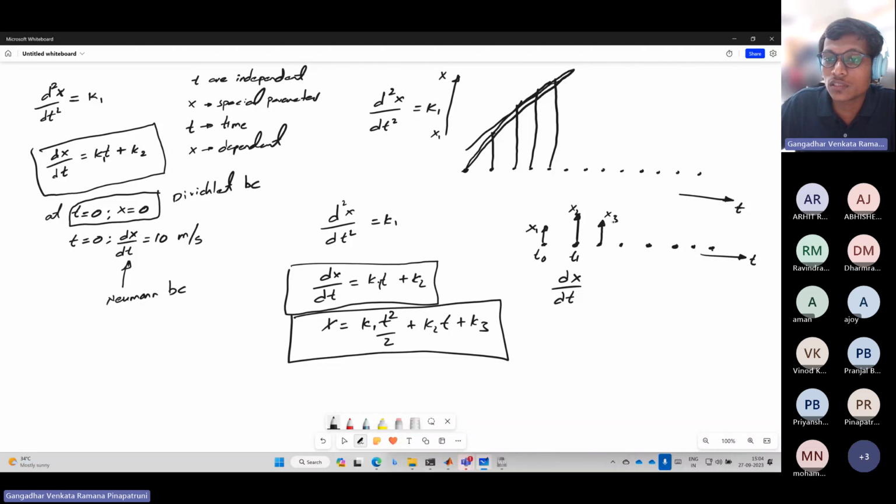Suppose this is x3, and suppose this is x4. How can I write this dx by dt numerically? You can write it numerically like this: at any part, I can say x2 minus x1 by t1 minus t naught. Can I write like this?